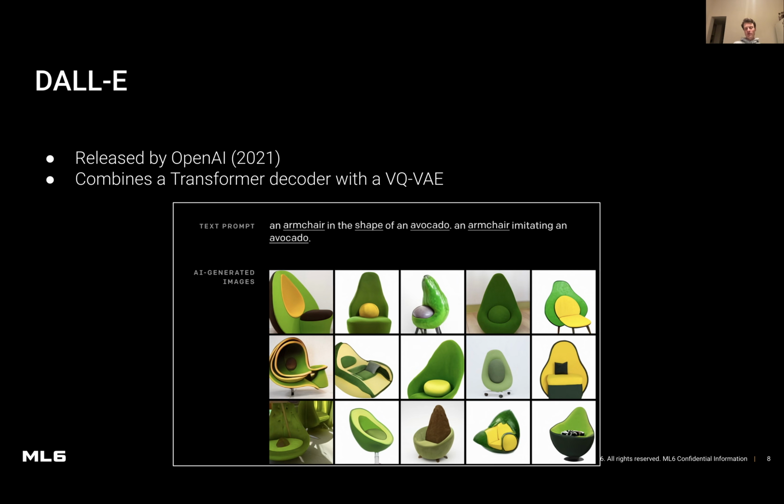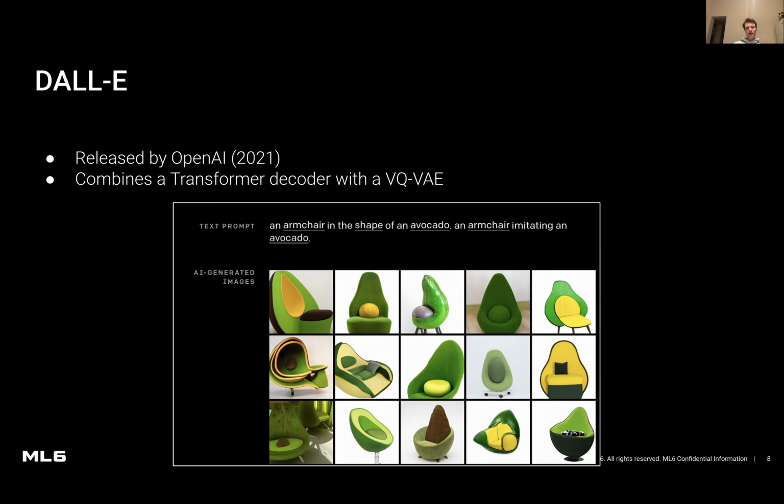And so, yeah, it was quite nice to see that the model was able to generate weird, abstract things, or just things that are not in the training data. But yeah, people were actually even suspecting that there might be even avocado-shaped chairs on the internet, because the internet is so large. But yeah, results like these were super impressive. And back then, a model like DALL-E was not based on diffusion yet.